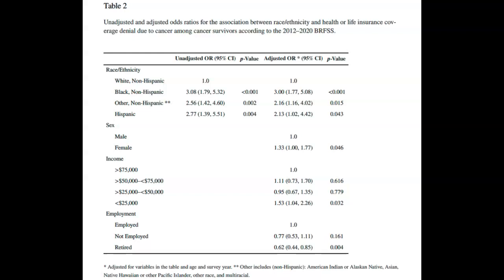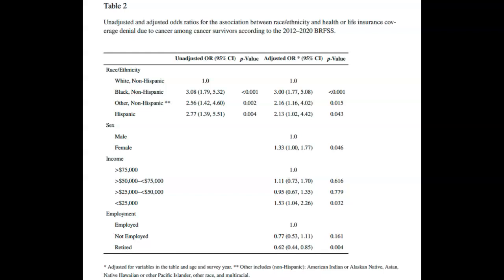And now we're calculating adjusted measures of association that account for those potential confounders. Information on what we adjusted for is included in the footnotes here. And what you can see is that we adjusted for the variables in this table. So the variables we adjusted for included sex, income, employment, as well as survey year.